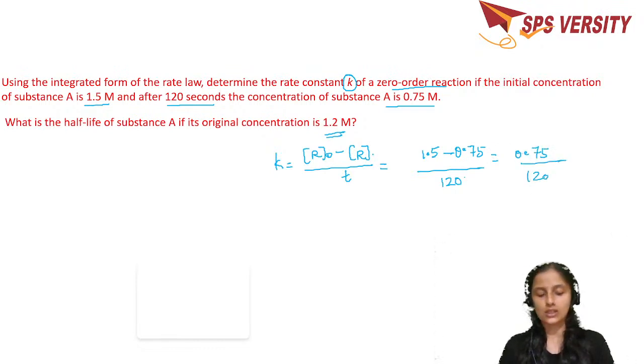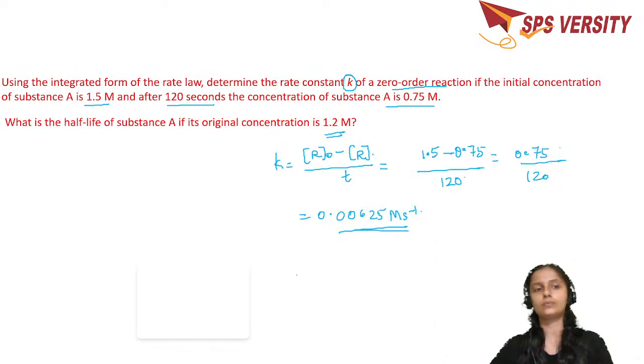This is what you are supposed to do. If you divide it, 0.75 divided by 120 gives you the answer 0.00625. This is a concentration per time, molar per second, or you can even put it as mole per dm³ per second. That also works.